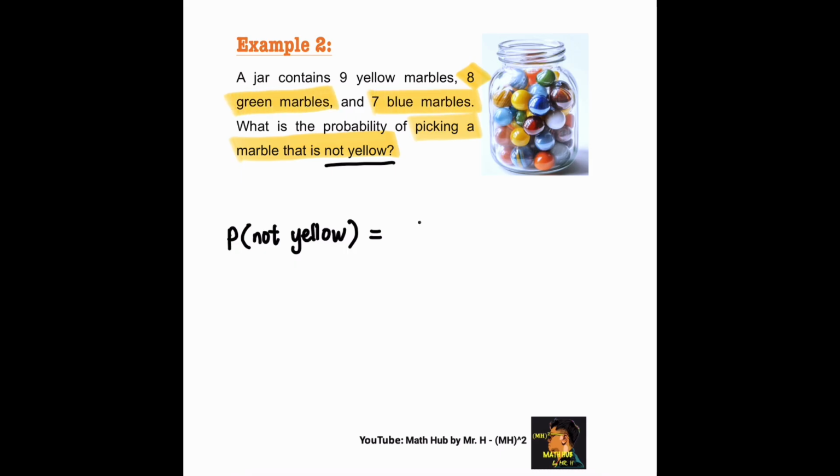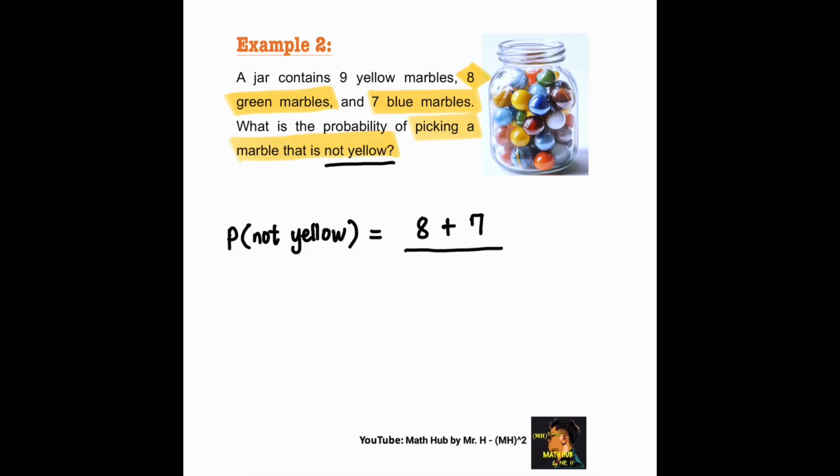So we have 8 green marbles plus 7 blue marbles, divided by the total number of marbles. That makes up the total possible outcomes.